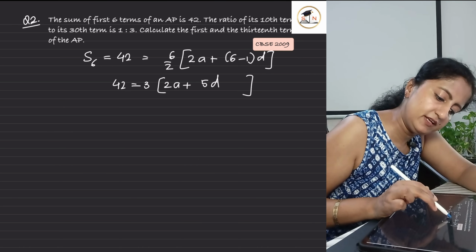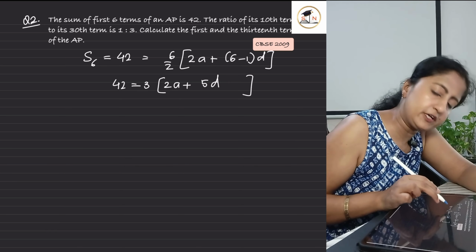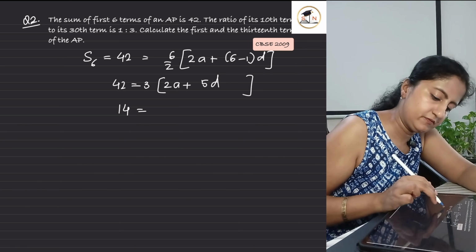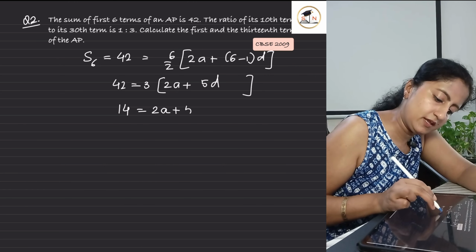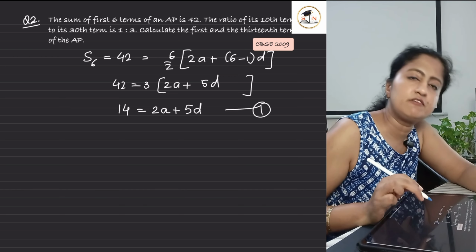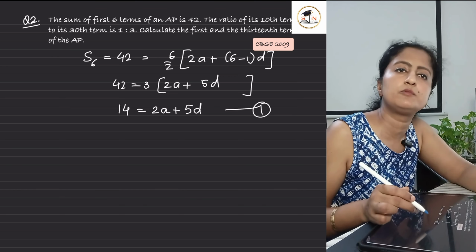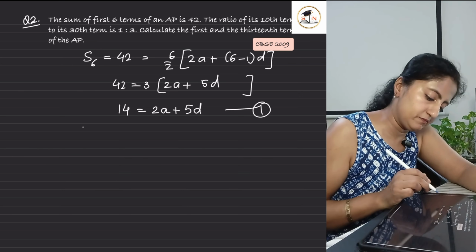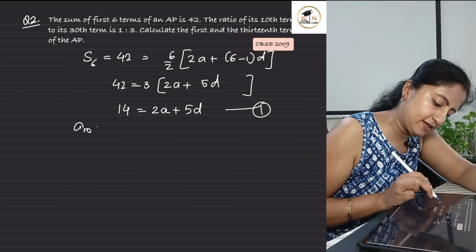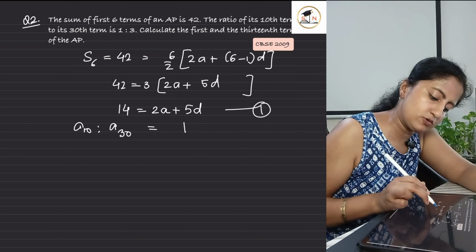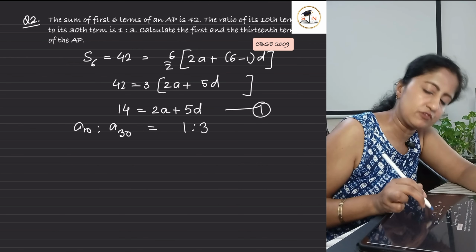It becomes 5d. So now 42 divided by 3 becomes 14 equals 2a plus 5d. I'm marking this as first equation because I'm sure it is going to be used later on. Now, the ratio of the 10th term, that is a10, is to a30. This is given to us as 1:3.